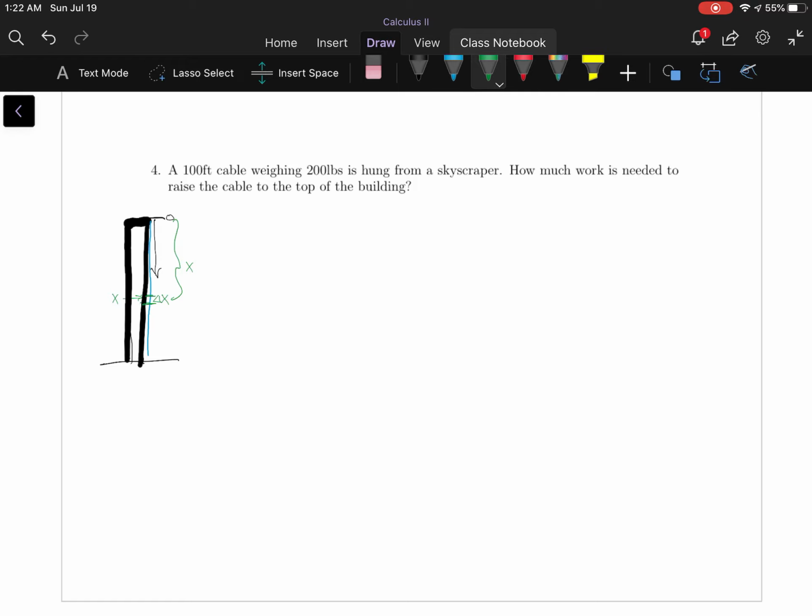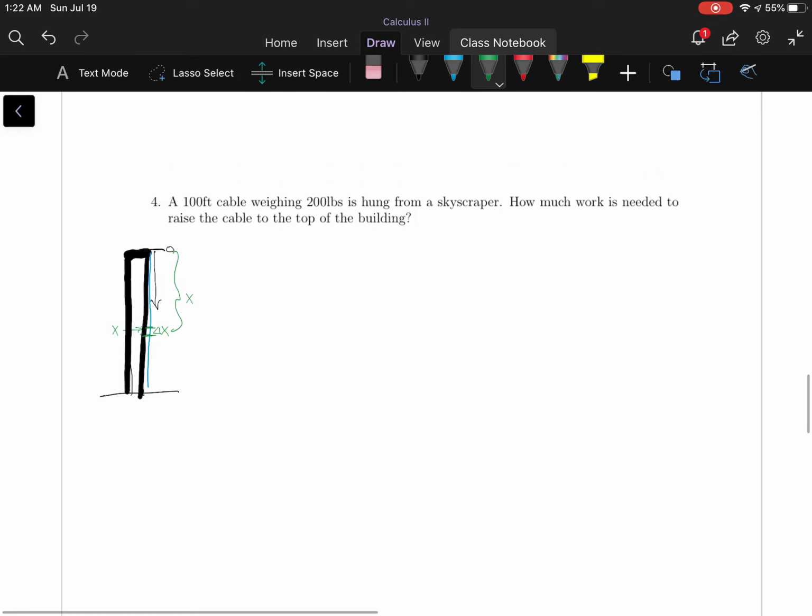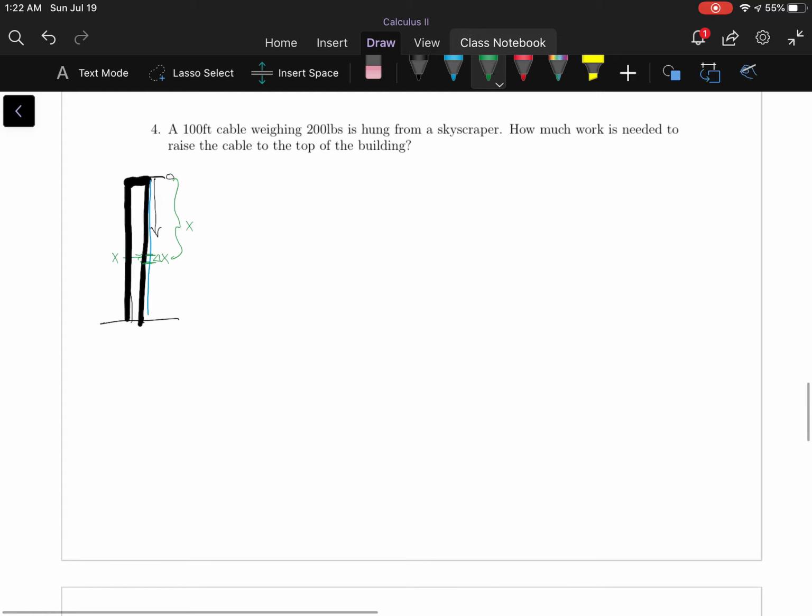Now I'm going to focus and view that since I know the cable is 100 feet long and weighs 200 pounds, that means that there are 200 pounds per 100 feet of cable, or we could view this as 2 pounds per foot.